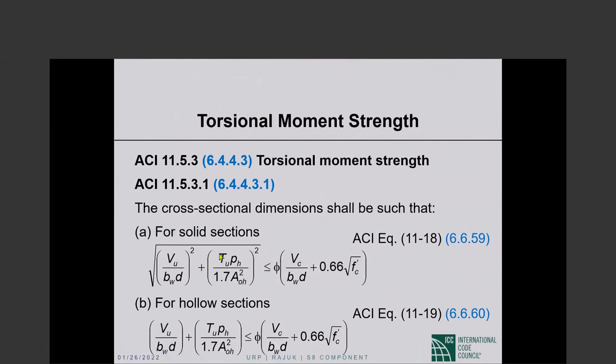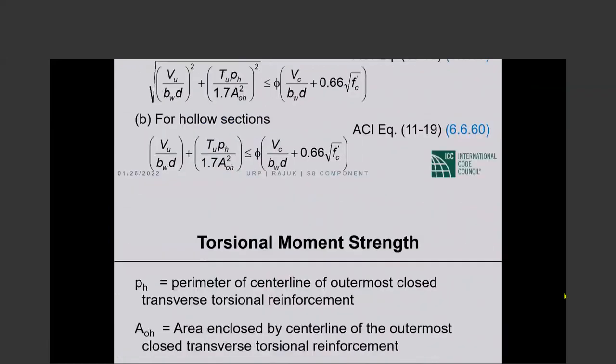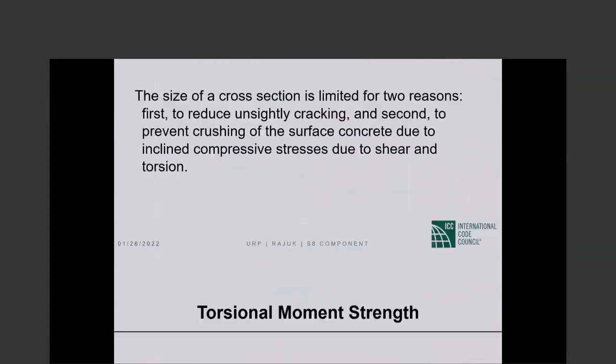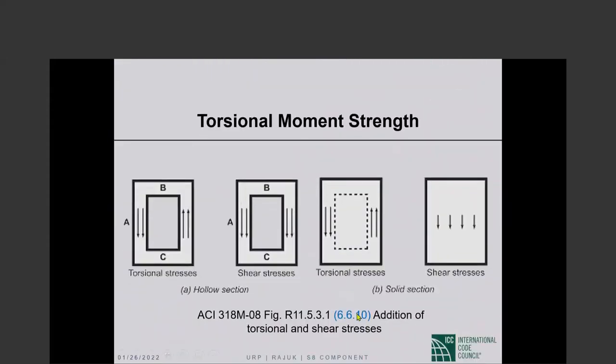And in the case of solid sections, we take the square root of the sum of the squares. For hollow sections, we simply add the shear stress and the torsional stress together. And the reason we take the square root of the sum of the squares in one case and simply add them together in another case is shown here. When it is a hollow section, the torsional stresses are in the wall of the hollow section.